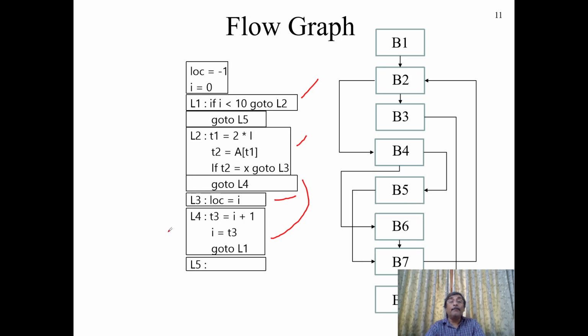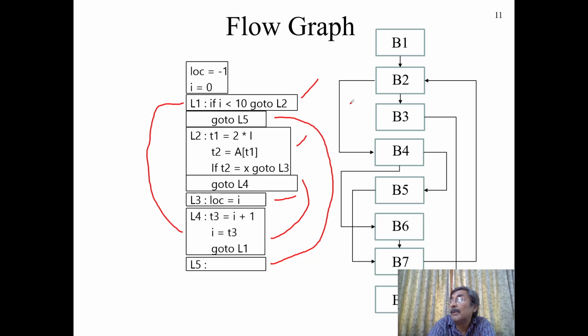From B7, I jump to B2. And from B3, I jump to B8. In the labels, I do not write on which condition I jump, because that may not be so important in our case, in the case of code optimization. But you remember this graph.